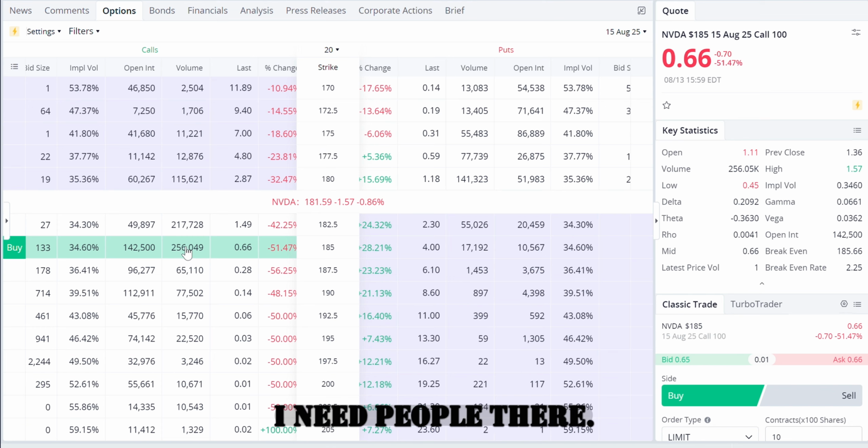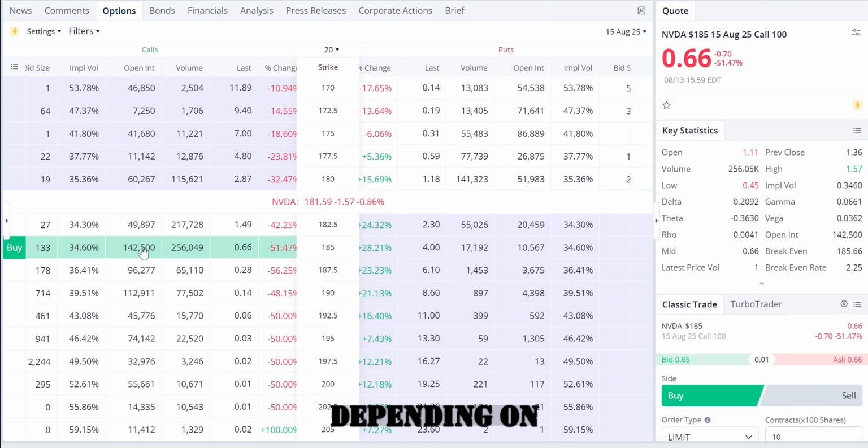I need people there for when I purchase the contract. I want to be able to sell it as quick as I can, right? I want people there to purchase that contract. All right, that's volume. Open interest, the same, right? How many people are interested in this contract at open? Okay, you want it the same, 1,000 or better.